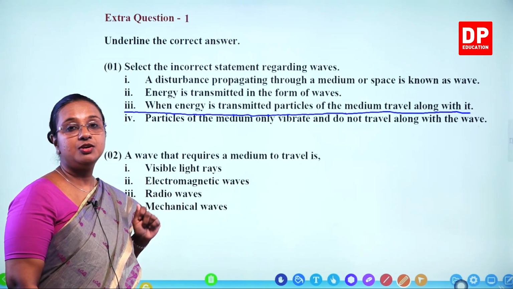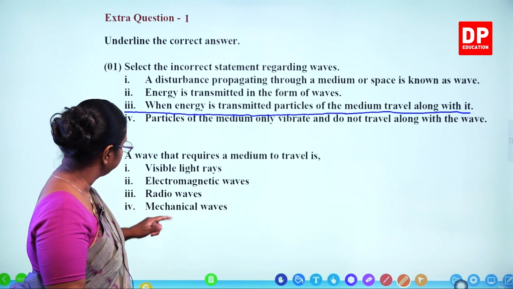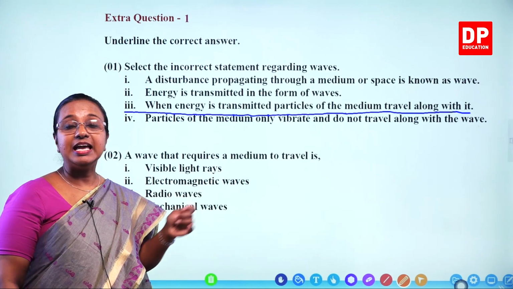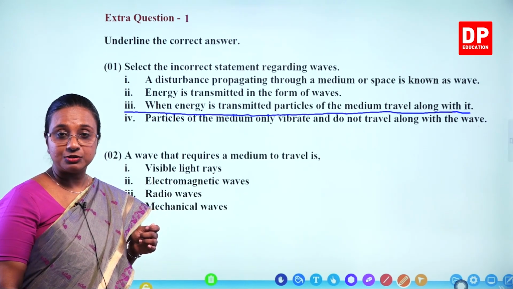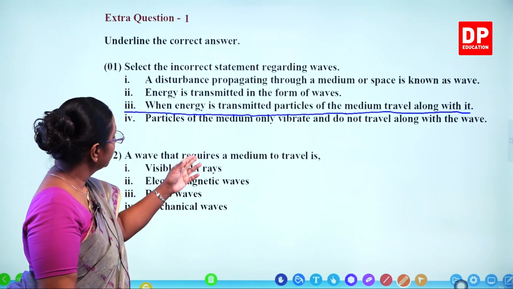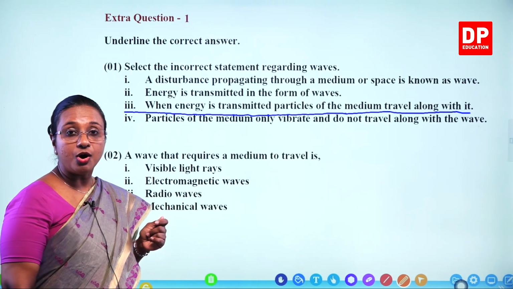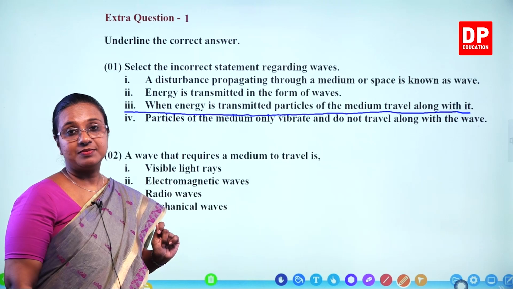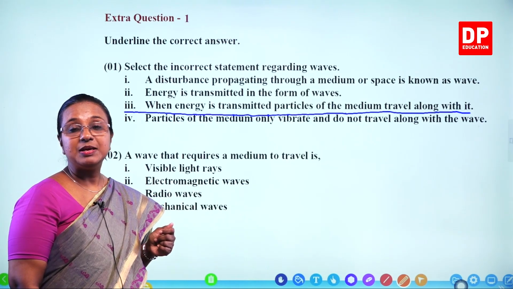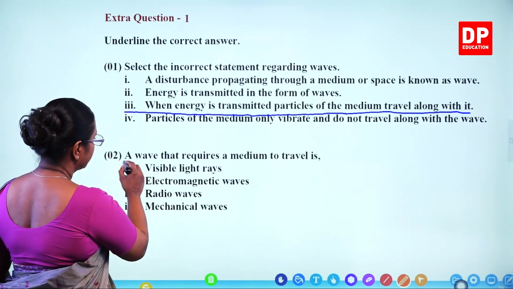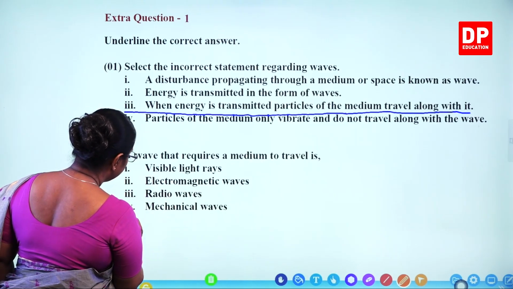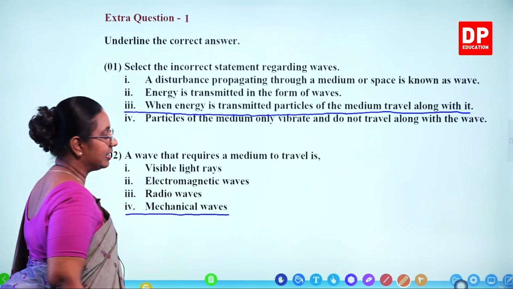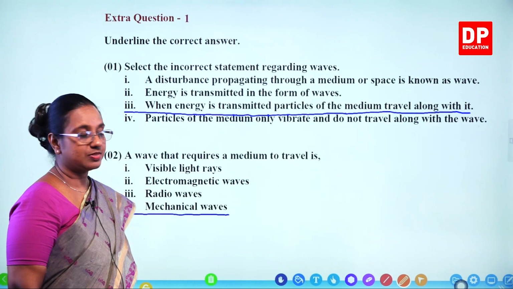Electromagnetic waves don't need a medium. Radio waves, again, they are part of the electromagnetic spectrum. So the first three are all electromagnetic waves. Mechanical waves, they need a medium for propagation. So a wave that requires a medium to travel is mechanical waves.